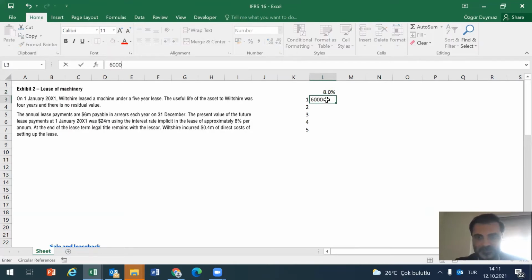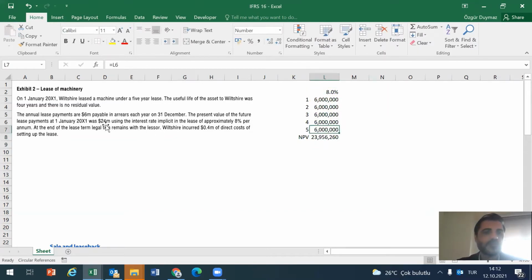Let's calculate the net present value here. This is the formula in Excel: net present value, rate, and data range. And this is roughly 24 million, but we are going to use 23.6 million here. Okay.